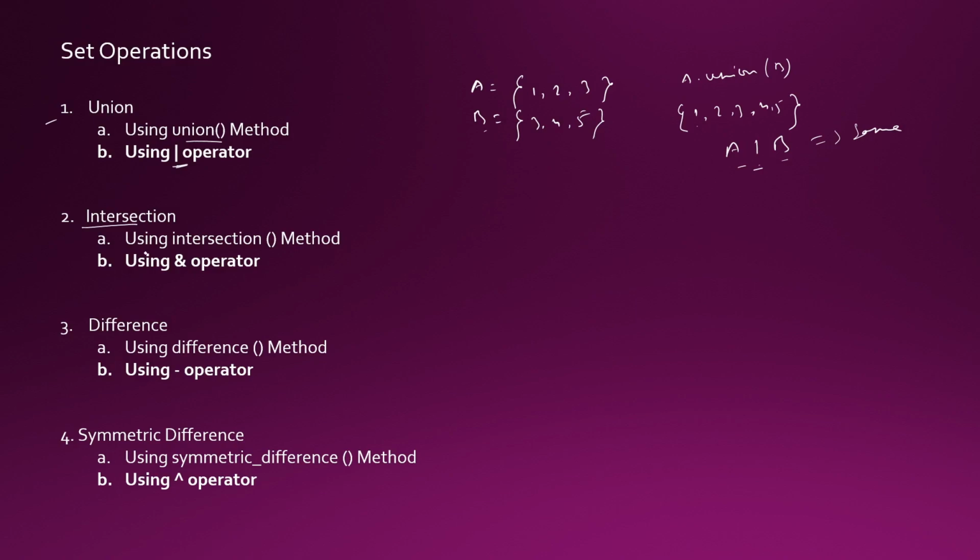Now next is intersection. Intersection gives you elements common in both sets. We can perform this operation using the intersection method, and another way is the AND operator.